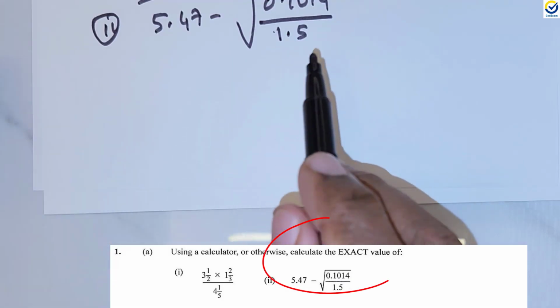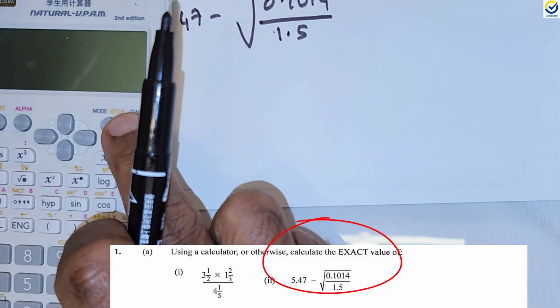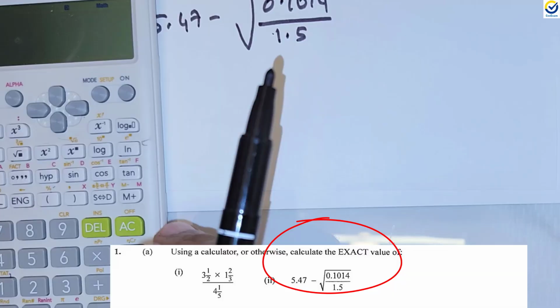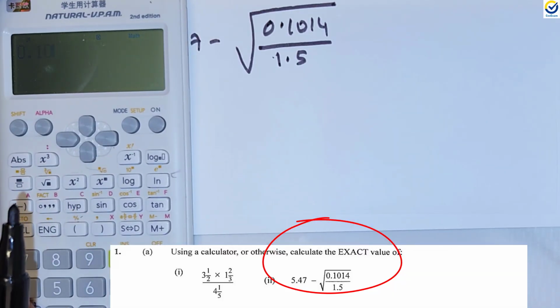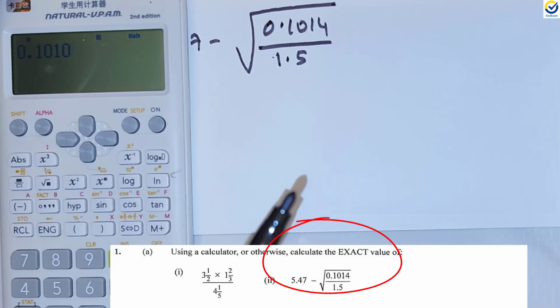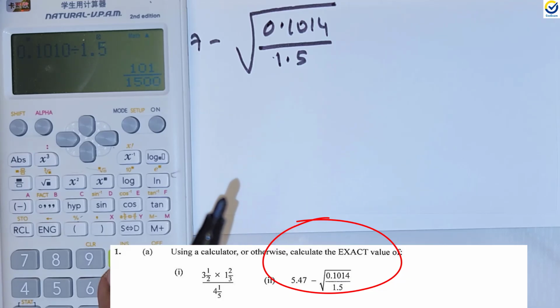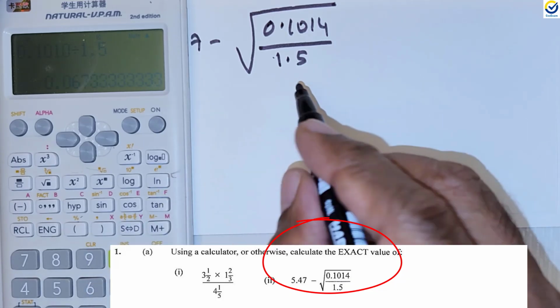We are expected to evaluate this. We can use calculators. So what I'm going to do is I'm going to key in 0.1014 divided by 1.5. What do we get? This is the value we get.